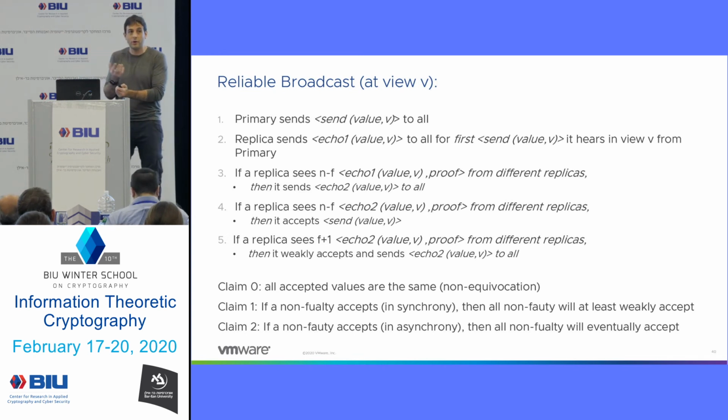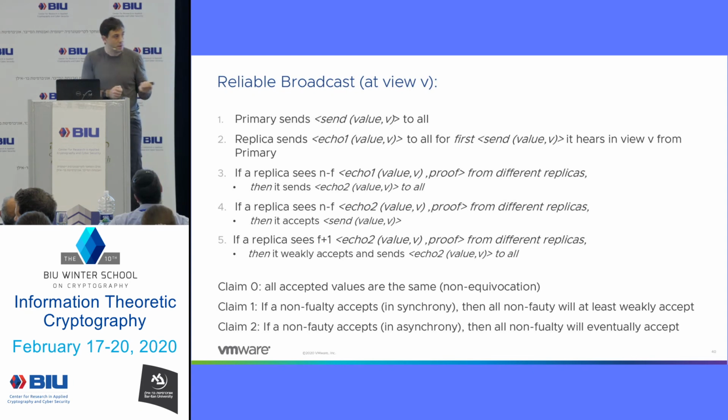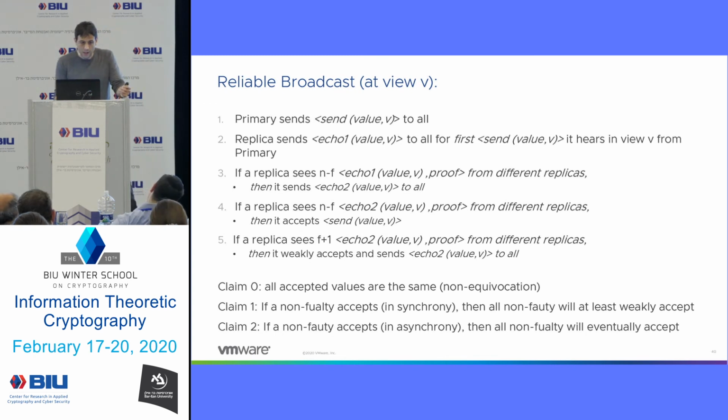And what this allows us to do is essentially simulate a signature, because it says that if I receive this message, then I'm sure that eventually everybody will receive this message. And you can't send a different message because of this property 0, non-equivocation. So this is an information theoretic way to obtain some properties needed, and in particular needed for our protocol.